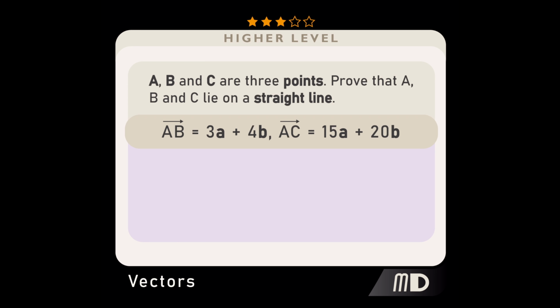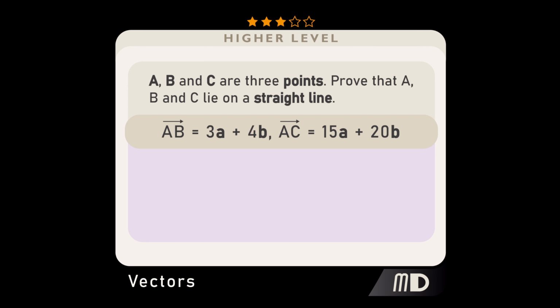This is the first part of a two-part question. We've been given two vectors, AB and AC, where A, B, and C are 3 points. And we've been asked to prove that A, B, and C lie on a straight line.